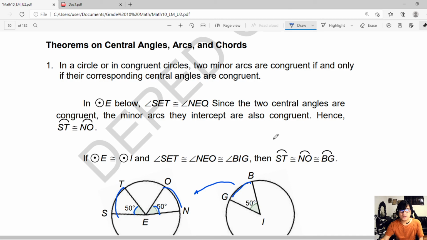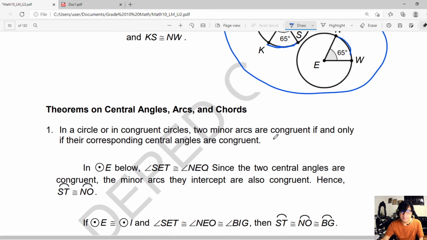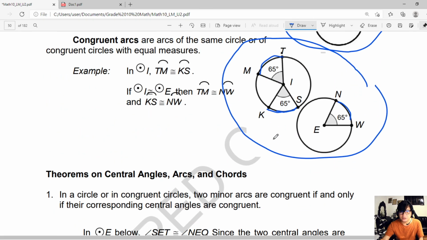I hope meron kayong natutunan, may nakuha kayong idea sa lesson natin ngayon. Kasi mga theorems ito, kailangan natin to siyang ma-familiarize. It is because sa panibagong video natin, we will answer some of the problems in dealing with circles.